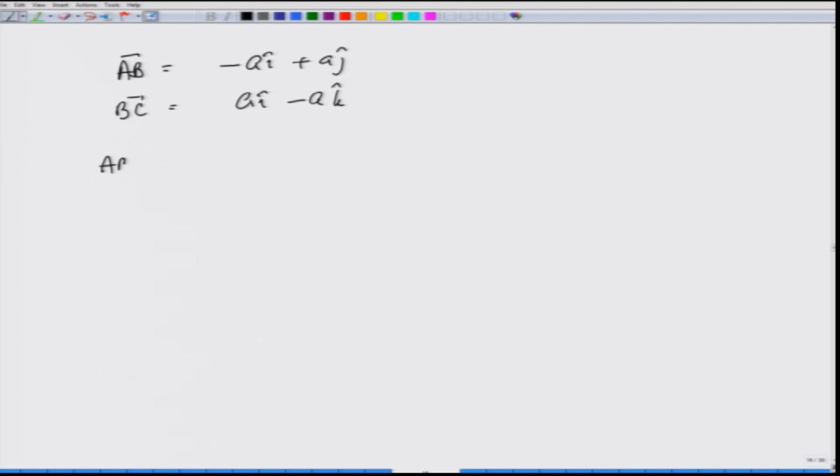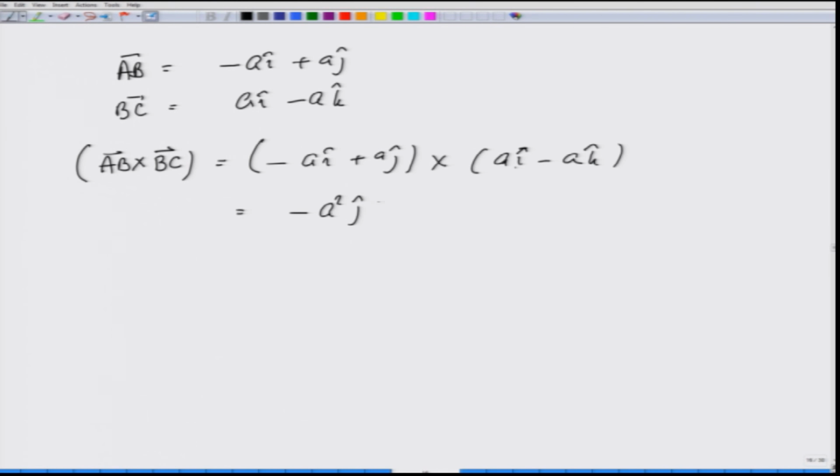So, AB cross BC is (minus a i plus a j) cross (a i minus a k). i cross i is 0, i cross k is minus j, so we get minus a square j. j cross i is minus k, so minus a square k, and j cross k is i, so this is minus a square i.